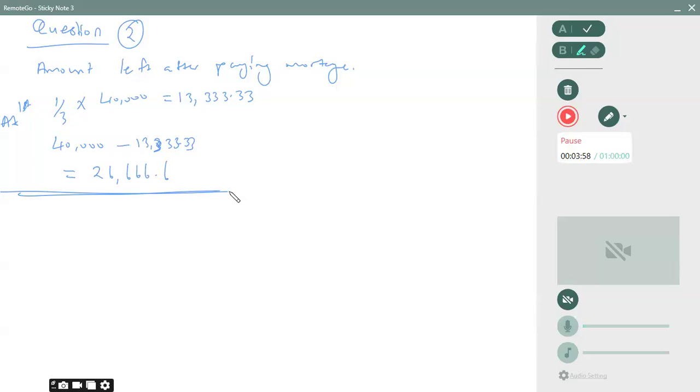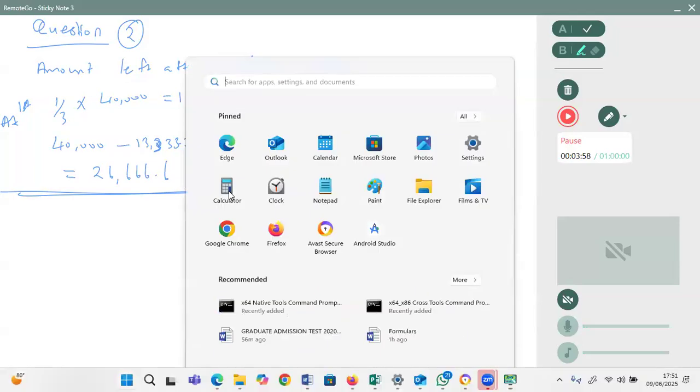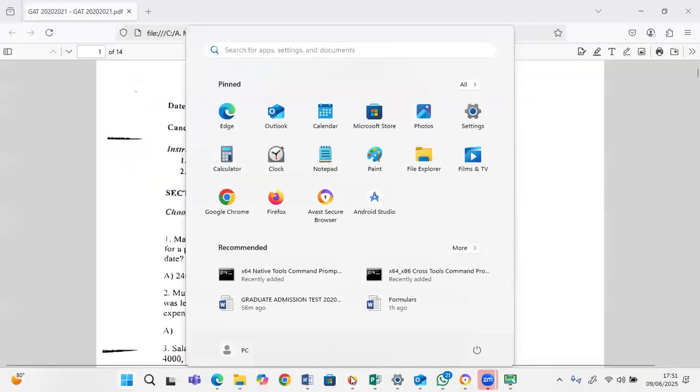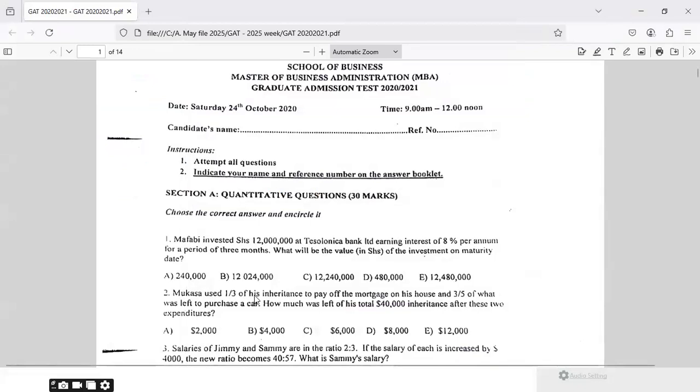Now we can go back and look at what the question was saying. So we have just got an answer, like you work it out the way the question is asking you. A third of his inheritance to pay off the mortgage on his house. So we have worked up to here.